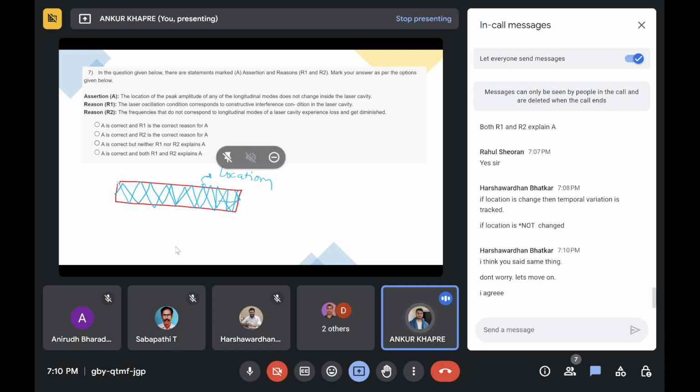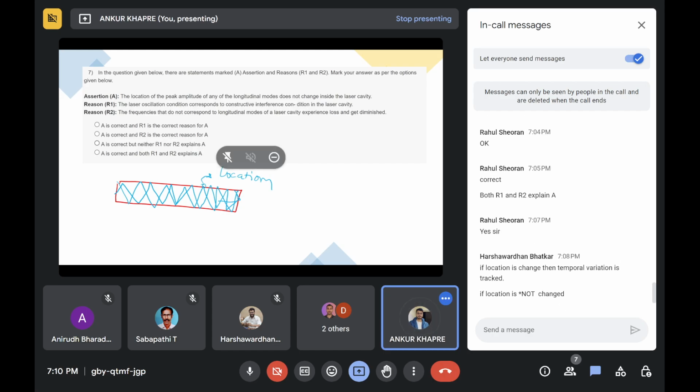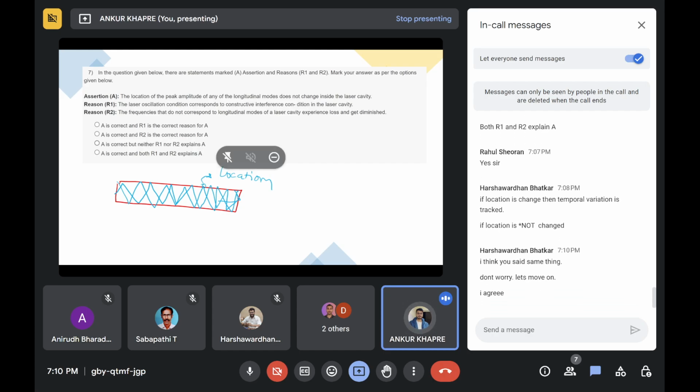So here, reason two will not be the correct option. Whatever Rahul has said, that frequency does not correspond to the longitudinal mode.